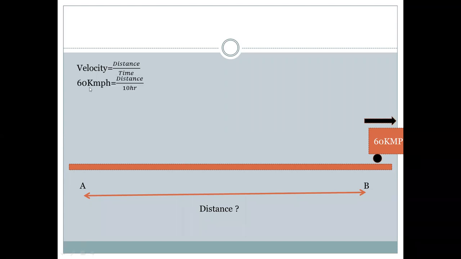Velocity is given as 60 km/h. It is equal to distance upon time. The time taken to cover the distance AB is 10 hours. So distance is equal to velocity into time, that is equal to 600 km. So this type of analysis, that is a motion analysis, is called the kinematics part.